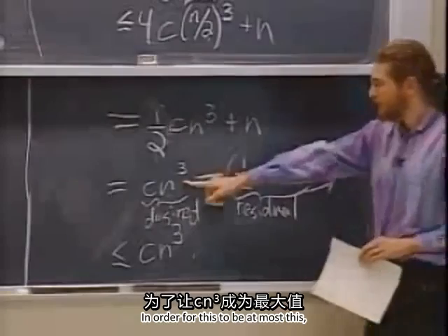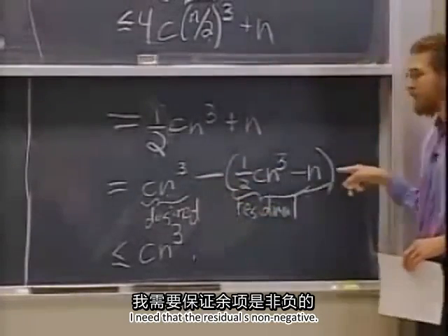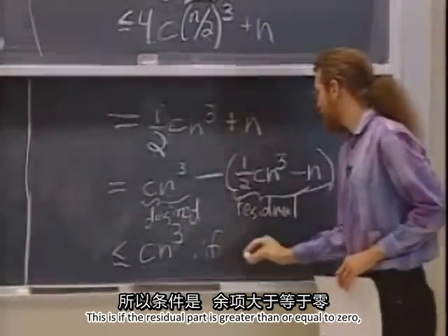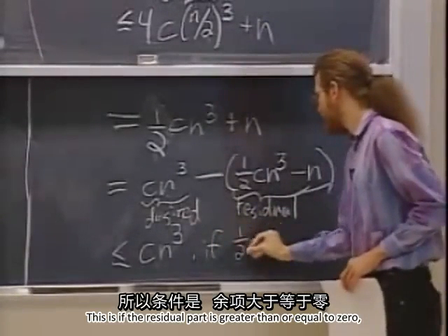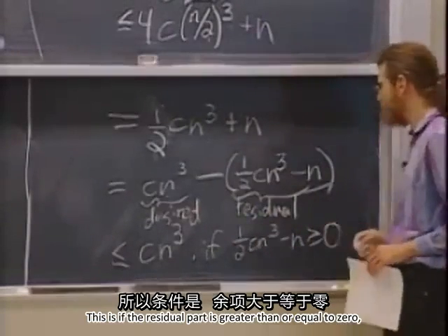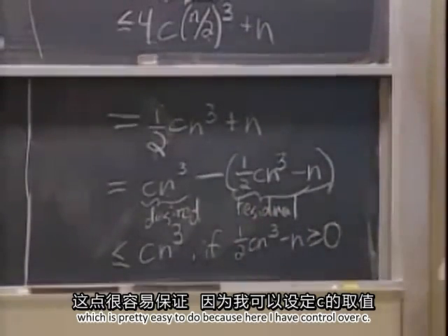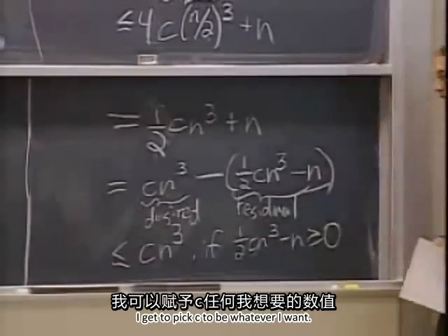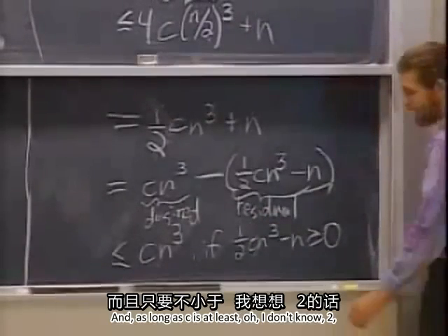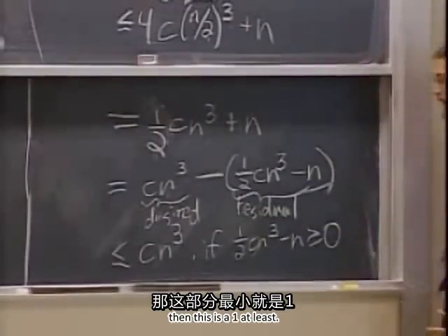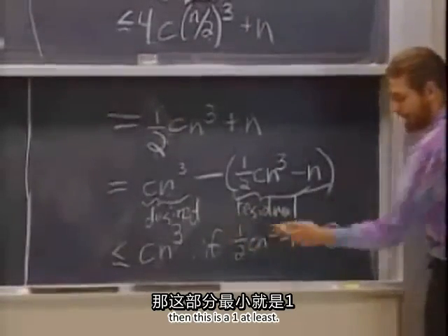In order for this to be at most this, I need that the residual is non-negative. So this is if the residual part is greater than or equal to 0, which is pretty easy to do because here I have control over c. I get to pick c to be whatever I want. And as long as c is at least, I don't know, 2, then this is a 1, at least.